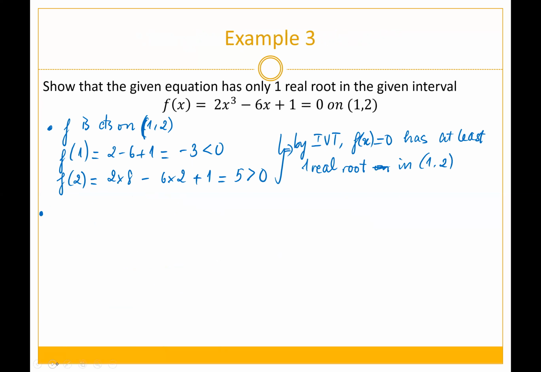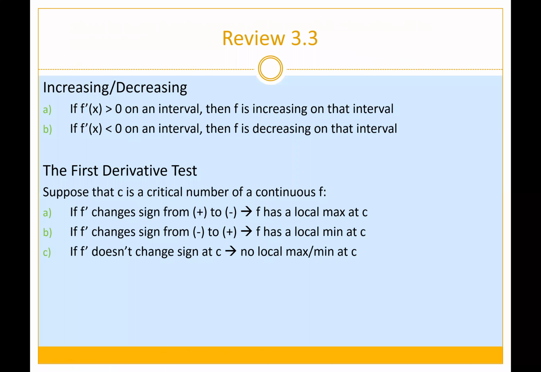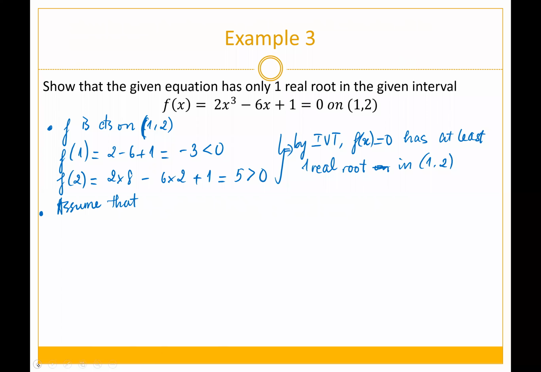The way we're gonna do this is first assume that the root is not unique, then show that the assumption would definitely be wrong, and use that to solve the problem.